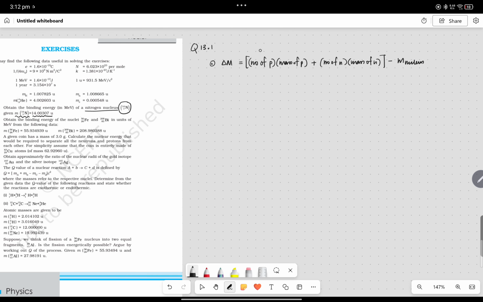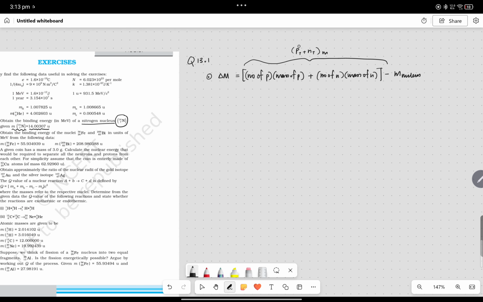You will say that the nucleus constituents are the total number of protons plus the total number of neutrons and their masses, right? But what happens is the individual sum of the protons and neutrons is always more than the mass of the nucleus that we got experimentally.